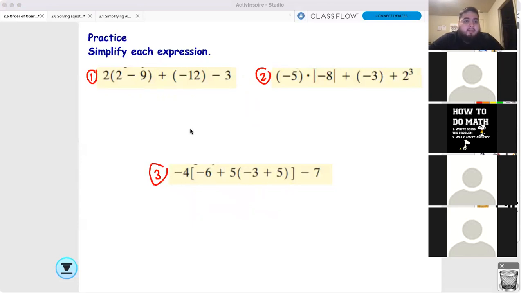And then once you have an answer, remember to type it in the chat or unmute yourself and tell the class what you got for number one, so I can either write it down or if it's in the chat, students can discuss it.